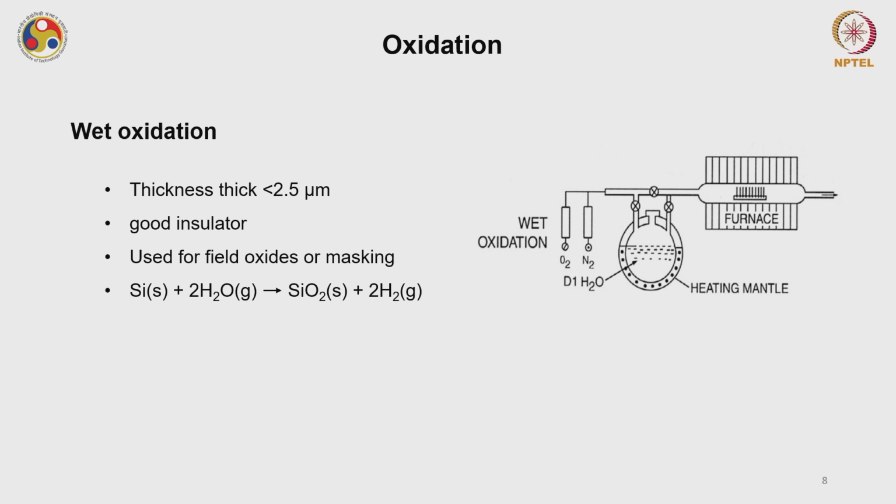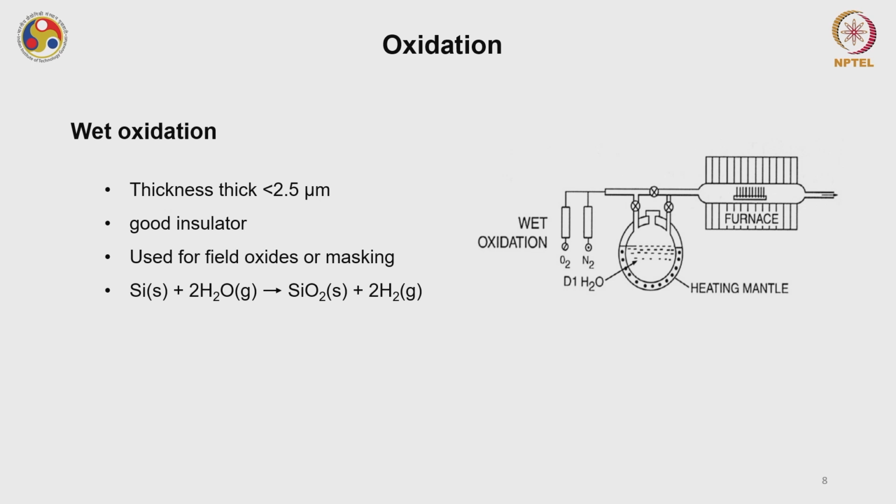Typically thicknesses of the order of 2.5 micron are grown by the wet oxidation process. Usually it is not preferable for gate oxide growth. However, it is a very good process for field oxide growth and for masking purposes.